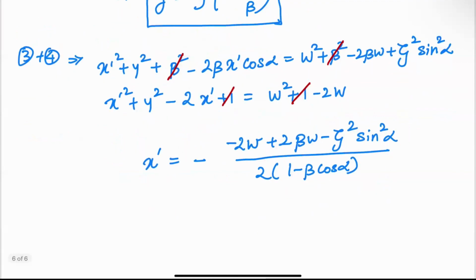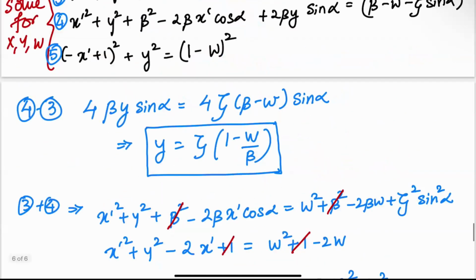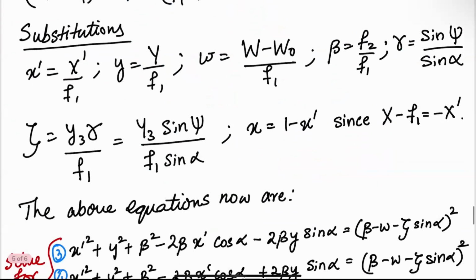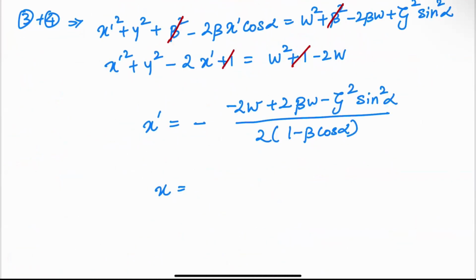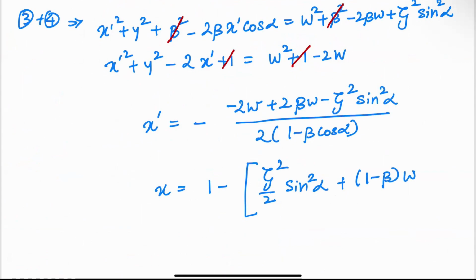Okay. And then from that, you can write x now, which was 1 minus x prime, right? So 1 minus of that, which is nothing but 1 minus zeta square divided by 2 sine square alpha plus 1 minus beta w, all of this divided by 1 minus beta cosine alpha.